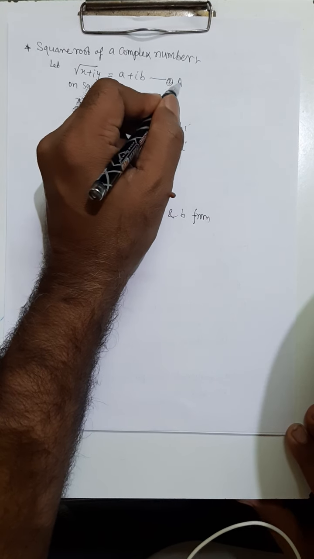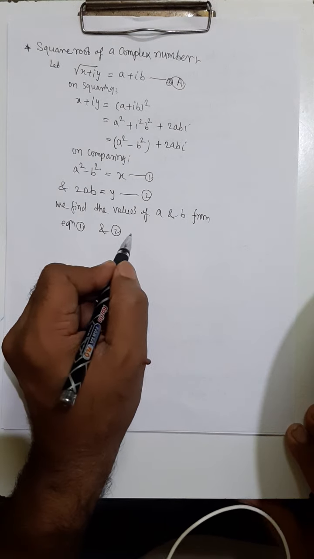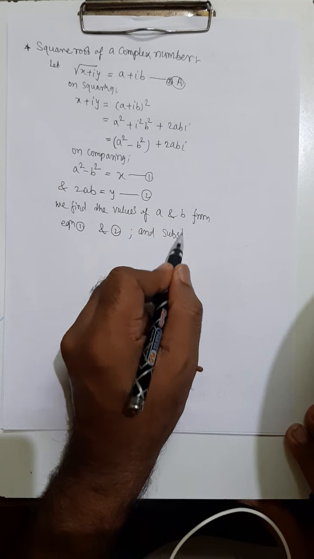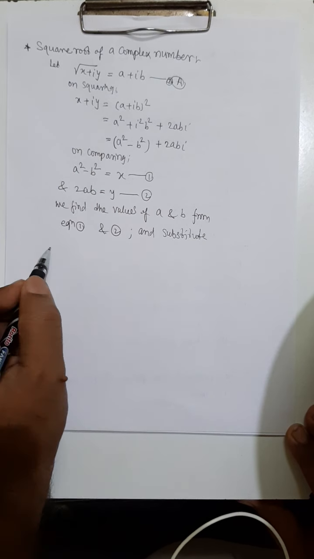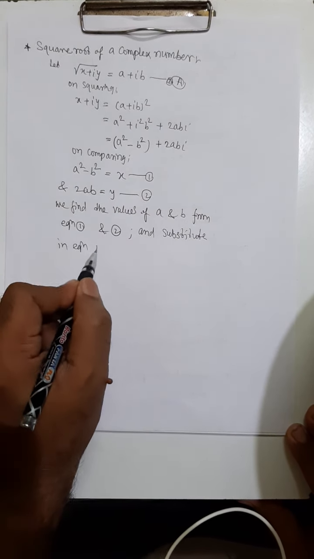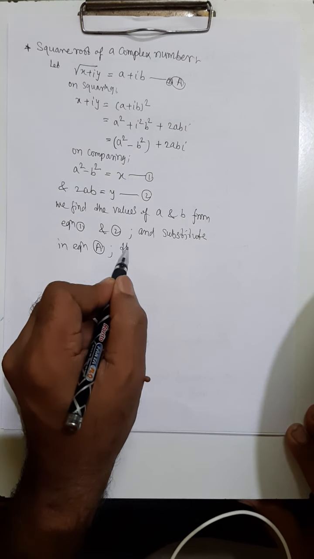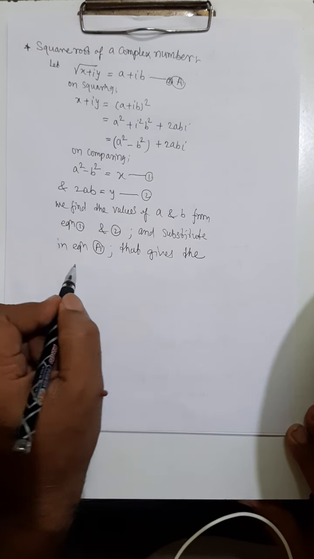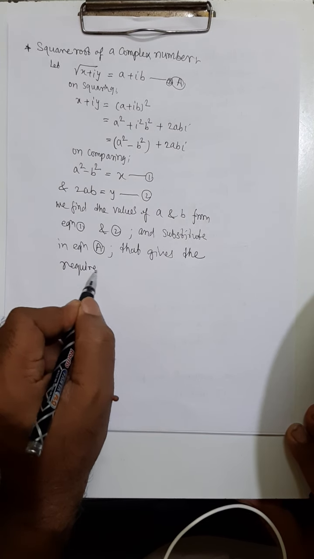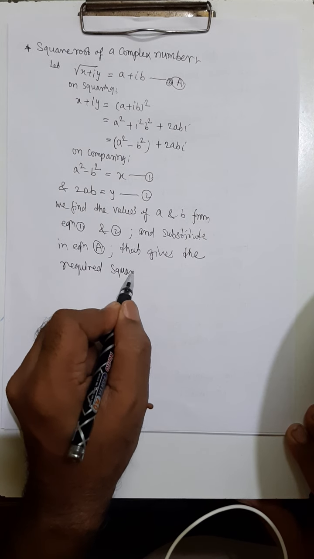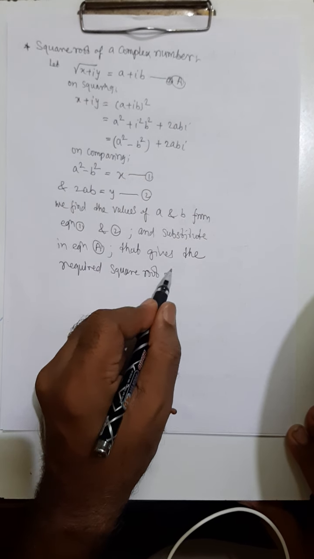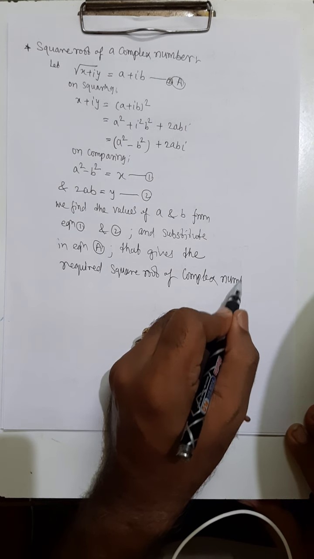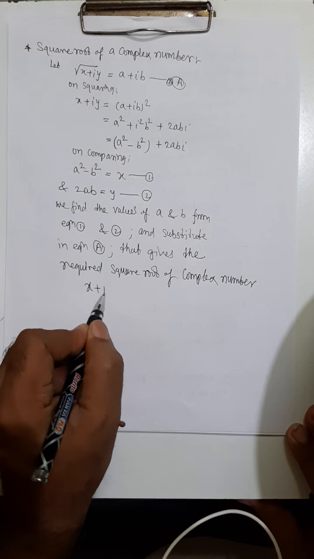Suppose this equation a, and substitute in equation a, that gives the required square root of complex number x plus iy.